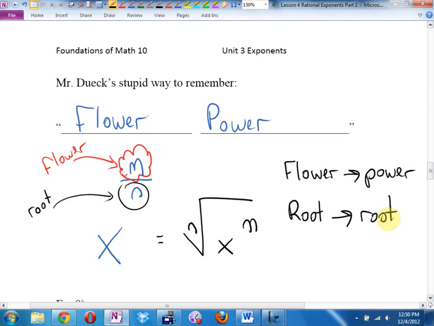Flower to the power, root to the root. And that'll help you keep straight what goes where.